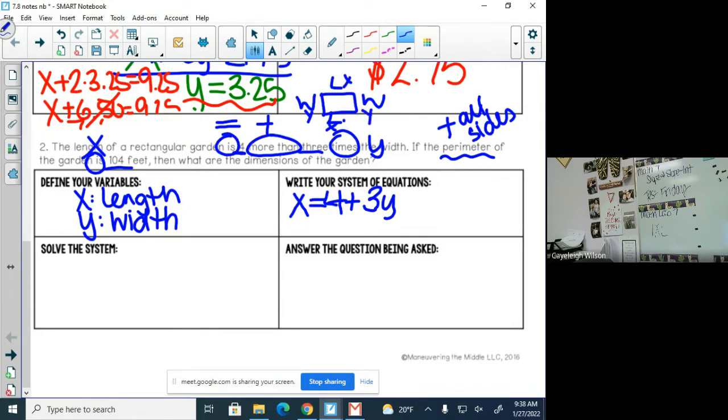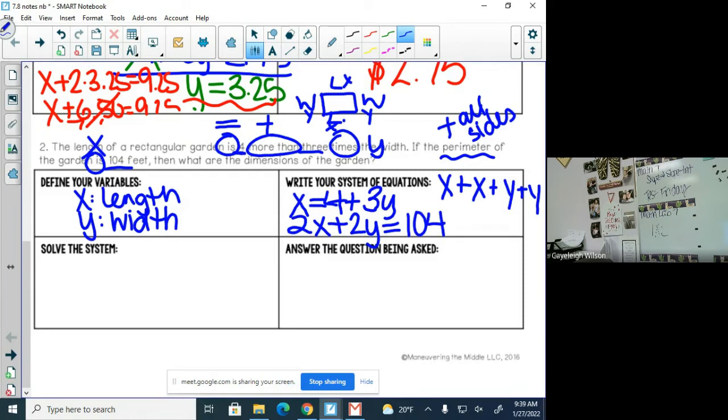So you're adding x plus x plus y plus y to find perimeter, right? So what is x plus x? 2x. What's y plus y? 2y. And then what's the perimeter? 104.